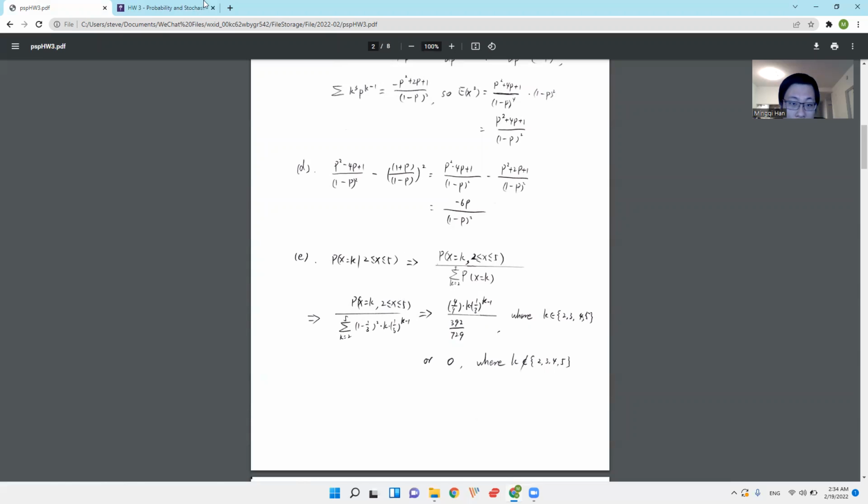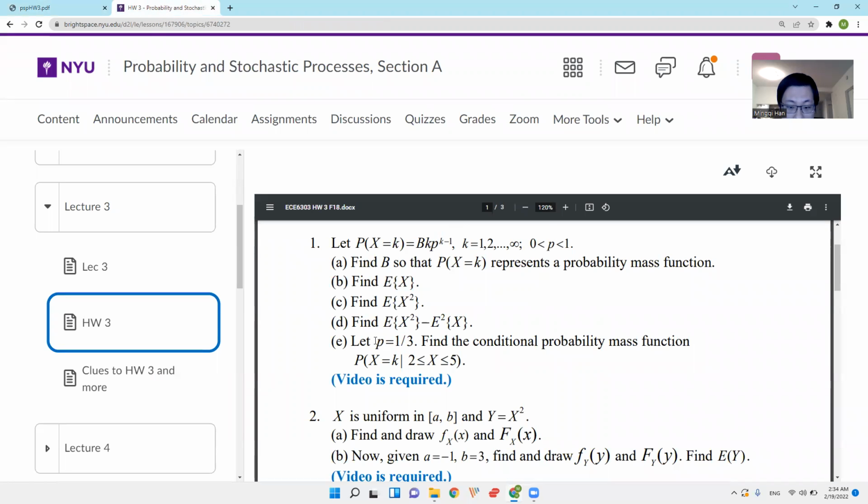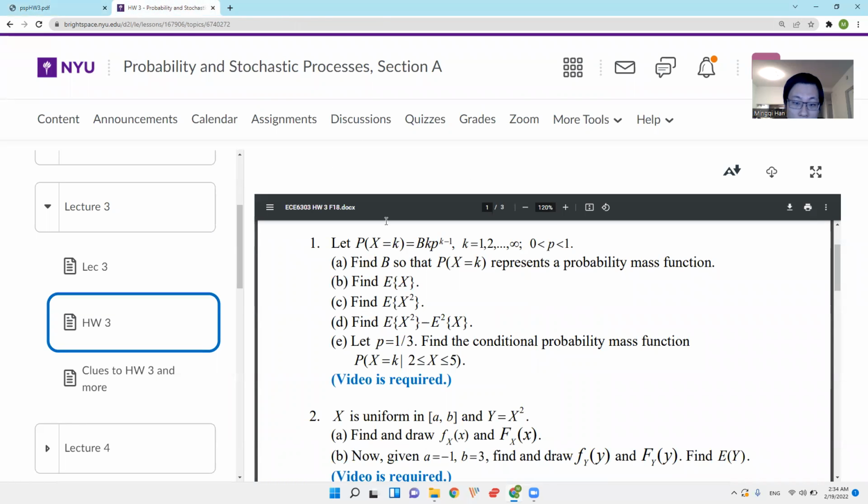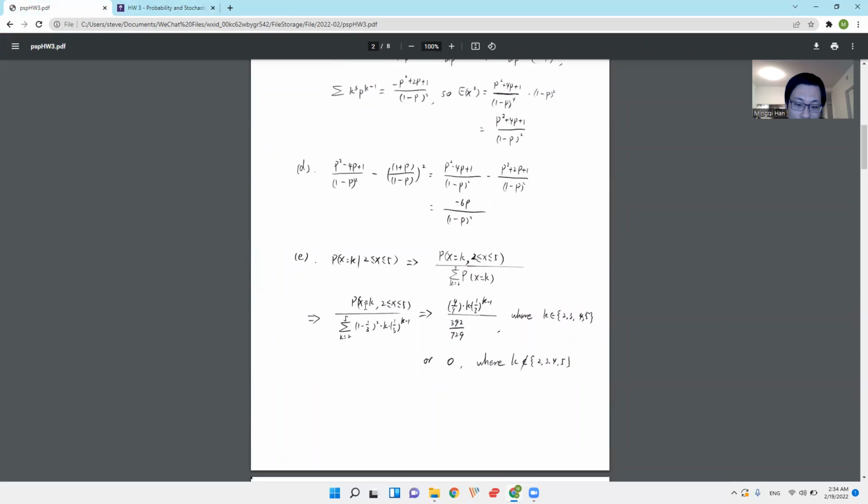P is given as 1/3, so plug in 1/3 over here, because P of X equal to k is already given. Just plug in the value, and for the upper part, also plug in the value.